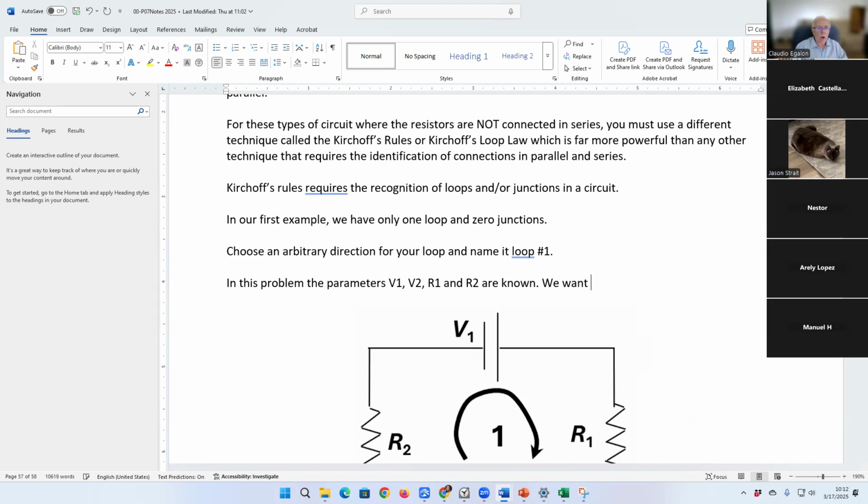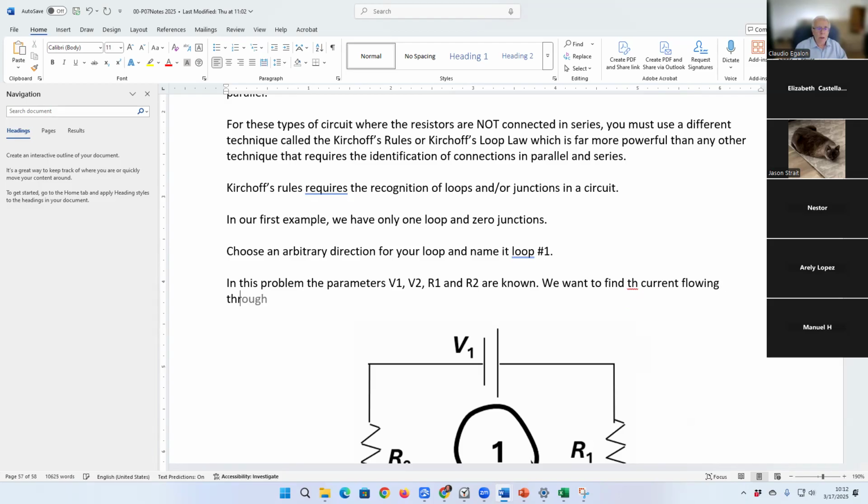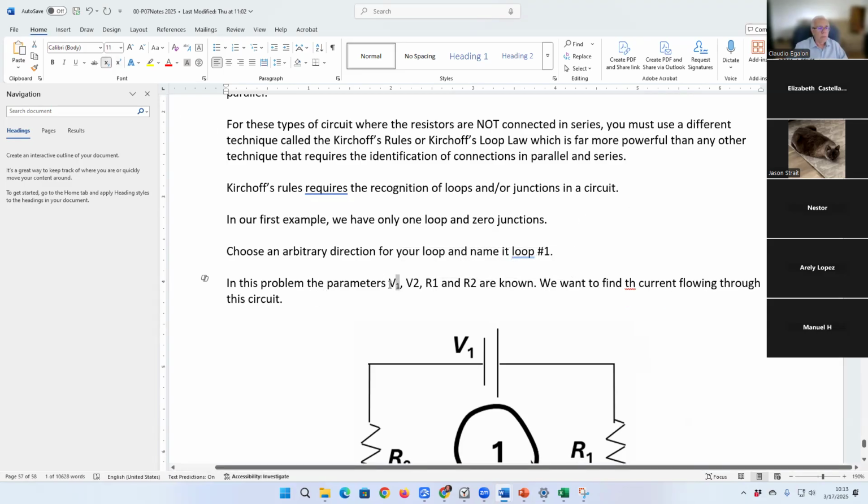We want to find the current flowing through this circuit, through R1 and R2.